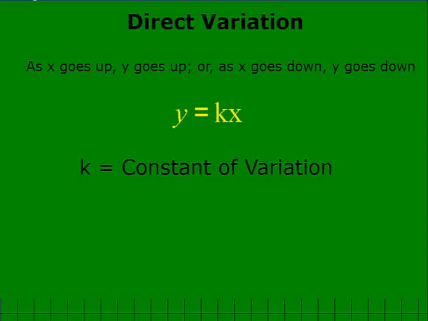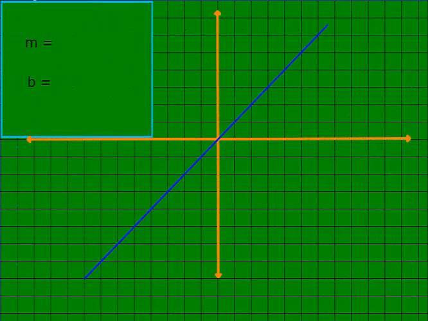Direct variation is exactly the same thing as y equals mx, so we've already been working with it. It's a special type of slope-intercept form, where the m is a k and your b is always going to be 0.